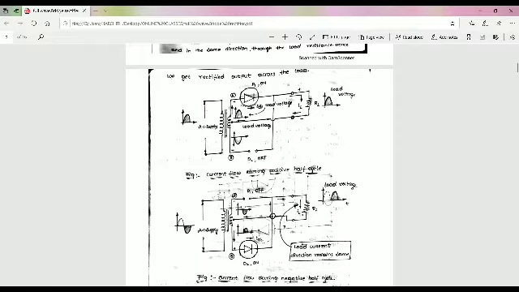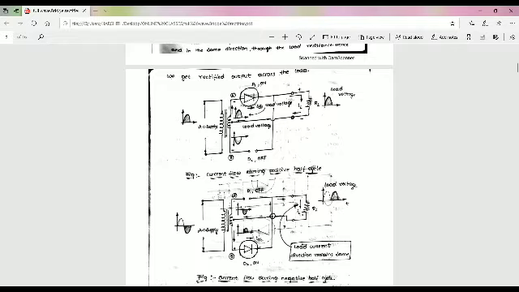D1 is reverse biased and D2 is forward biased. Diode D2 supplies the load current, that is IL equal to the load current. So this is forward biased. It gives the current, that is ID2.